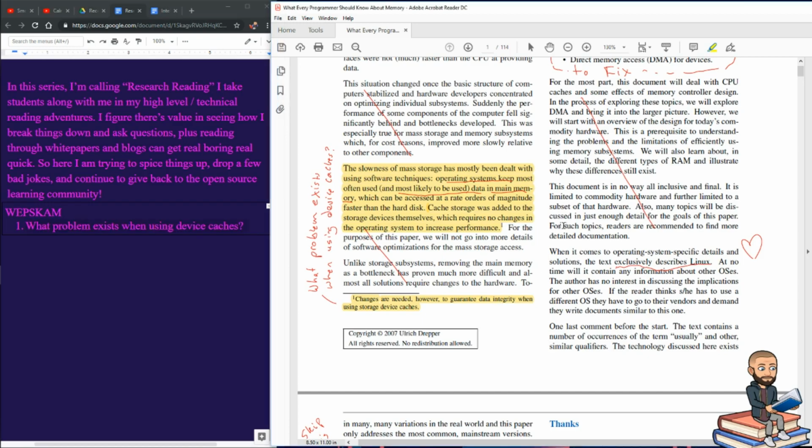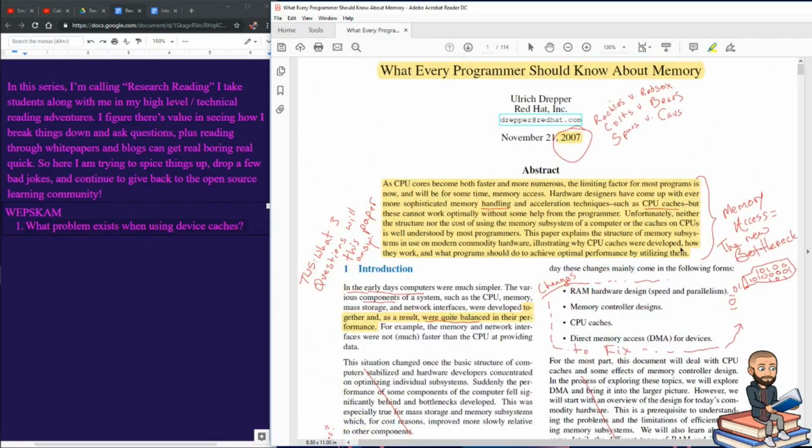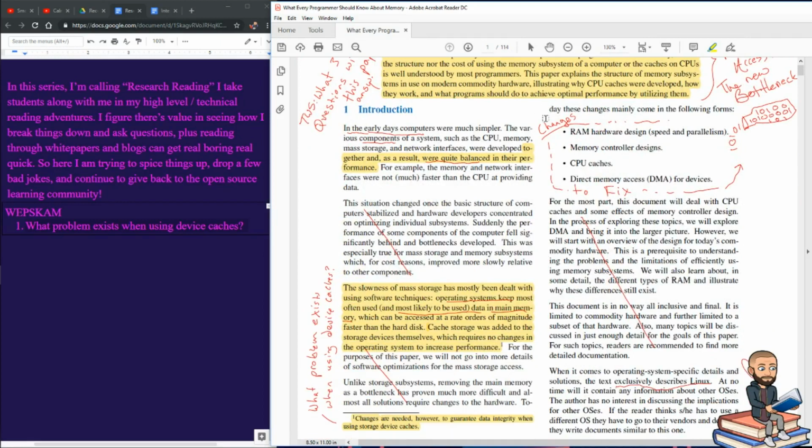Now this reading will be a little tougher because we got to keep jumping back up and to the right, but this is a nice summary right here of the overall changes systems are going through. So RAM hardware design, that is changing in both speed and parallelism. Memory controller designs are changing, and that gets really fascinating, the tricks they come up with to improve memory access by manipulating the memory controller.